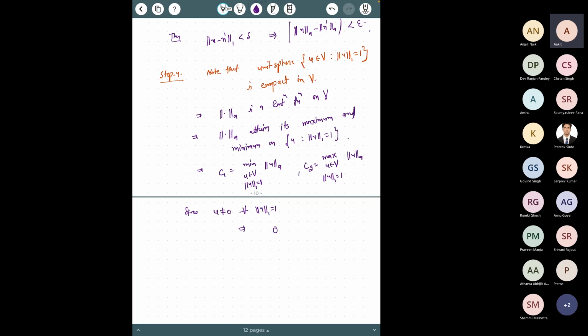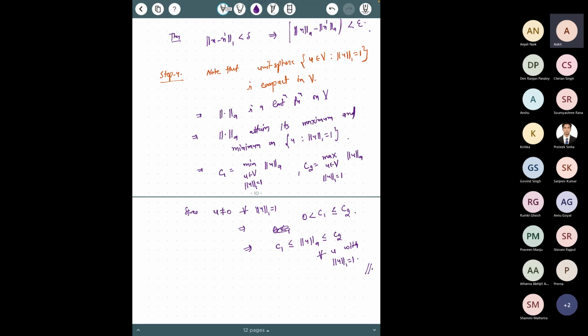This implies that C1 is greater than 0, and of course C2 is the maximum and C1 is the minimum, so C2 is greater than or equal to C1. So what we have is that C1 is less than or equal to the a-norm of u, which is less than or equal to C2, for all u with one norm of u equal to 1.